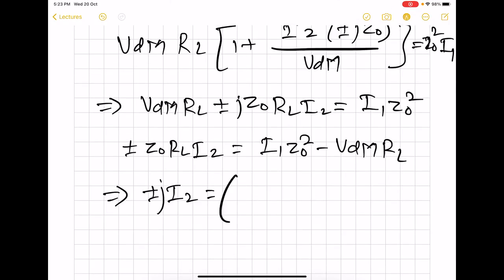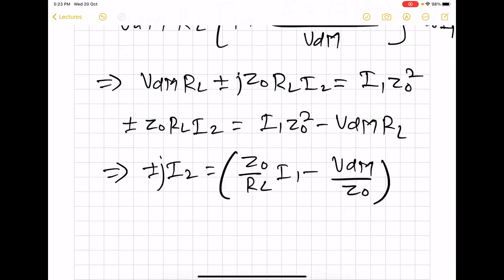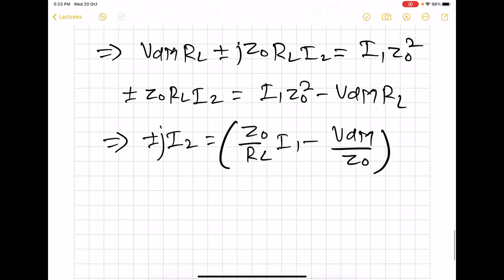If we do this manipulation, it will be Z naught divided by RL into I1 minus VDM by Z naught. So here we have found I2, but it is in terms of I1, Z naught and RL. We now need to substitute each of these, and in fact VDM also, in terms of the known quantities.